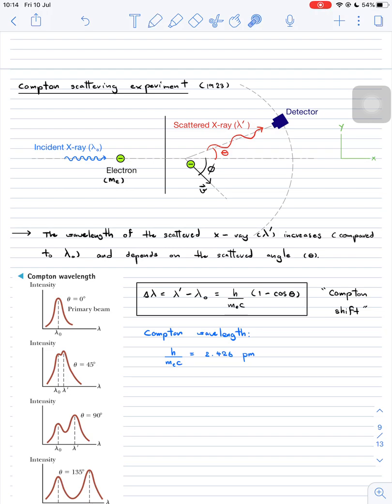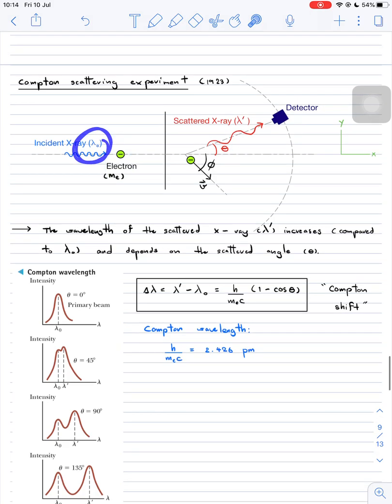And then we illuminate the electron with an X-ray with the wavelength equal to lambda naught. If we use the classical model, we should expect that the scattered X-ray should have the same wavelength as lambda naught.